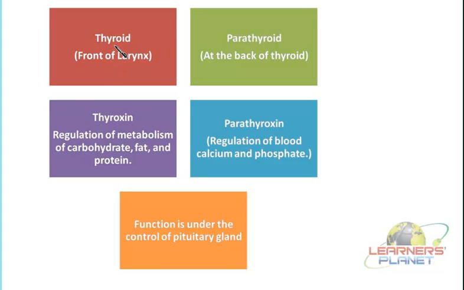The thyroid as well as the parathyroid both are located in your neck region, and they are present in a pair. So if it is in a pair, then one is towards the left side and the other one is towards the right side, right?